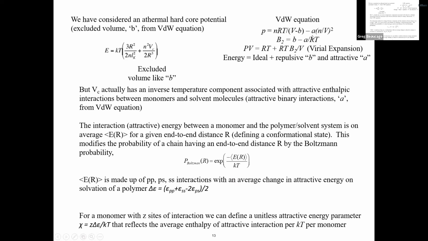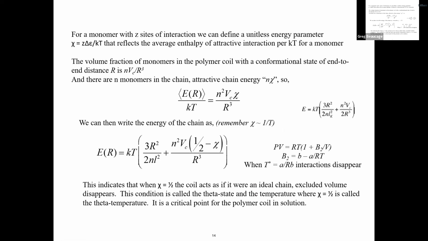That's a critical temperature where something can happen. You have the same thing with this. This is basically taking the role of the excluded volume, where Vc is already the excluded volume, and chi is the A by T term. If you set those equal, you find that when chi equals 1/2, that's where the chain acts ideal.